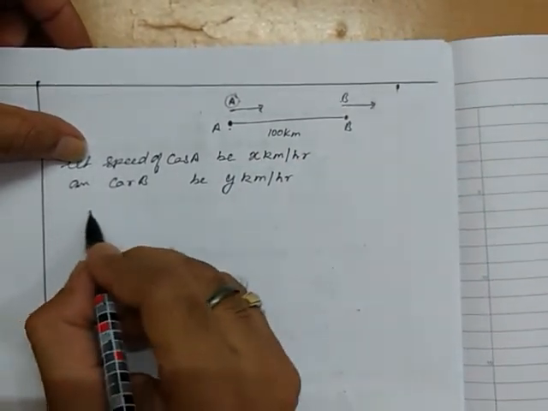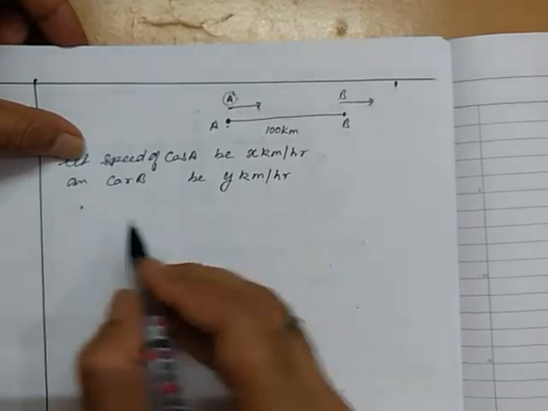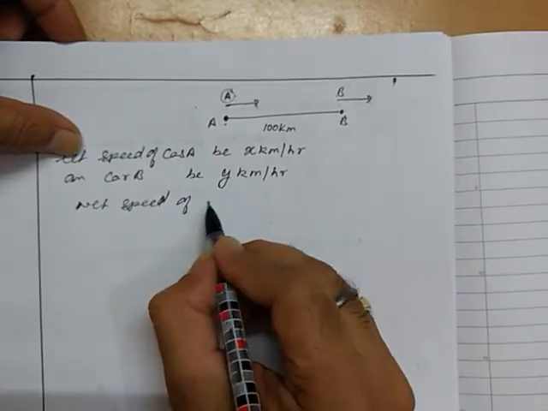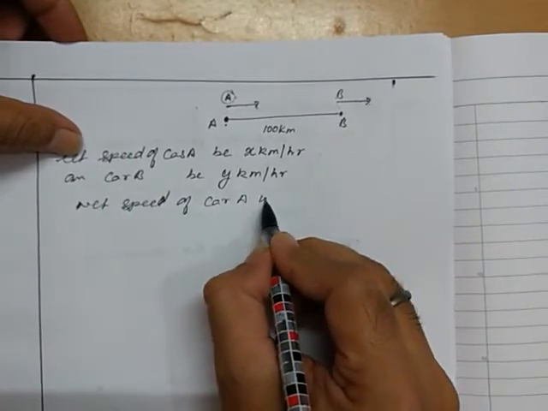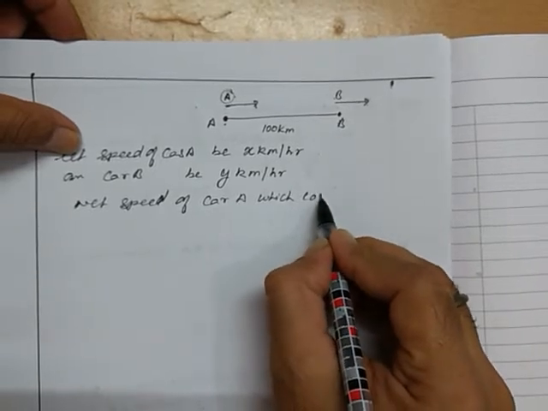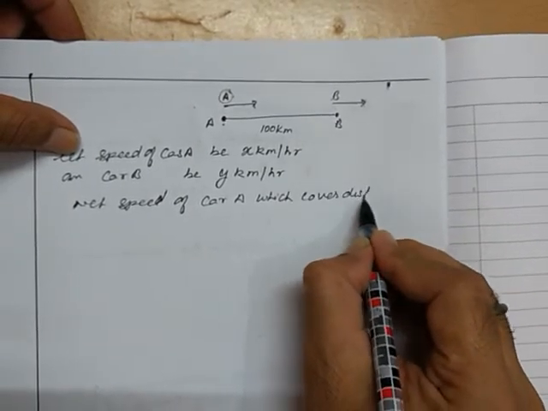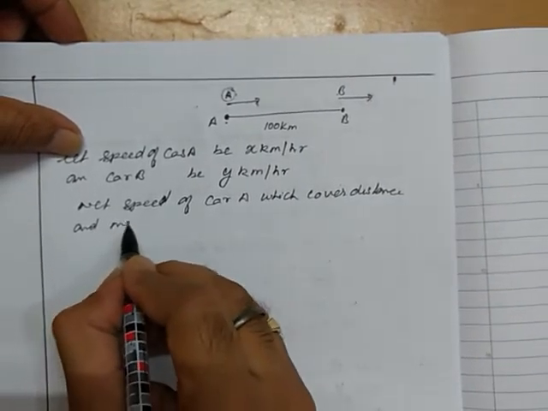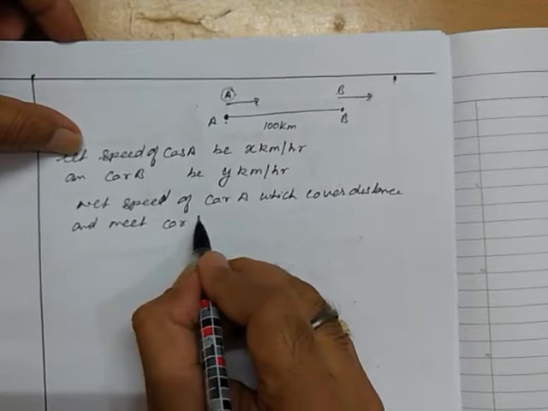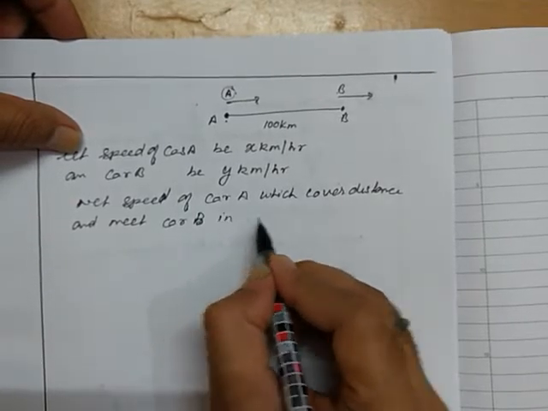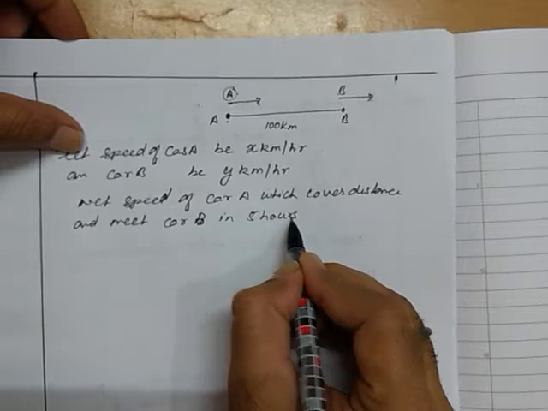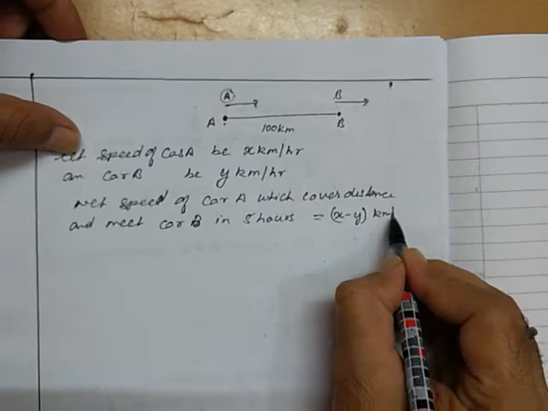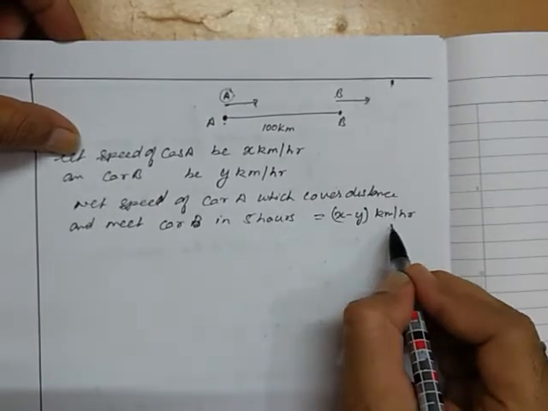So let the net speed of car A, which covers the distance and meets car B in 5 hours, be x minus y kilometer per hour, since it is moving in the same direction.